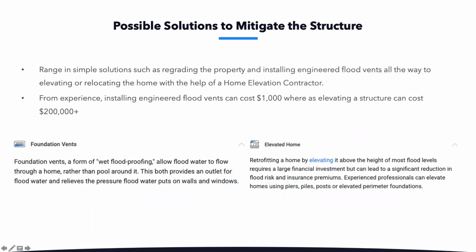Well, Flood Factor goes one step further, and they recommend a couple of options. Some of those options are as simple as adding foundation flood vents to wet floodproof a crawl space. They even go as far as to suggest elevating a home, which could cost anywhere from $100,000 to $150,000, all the way to $200,000 plus.